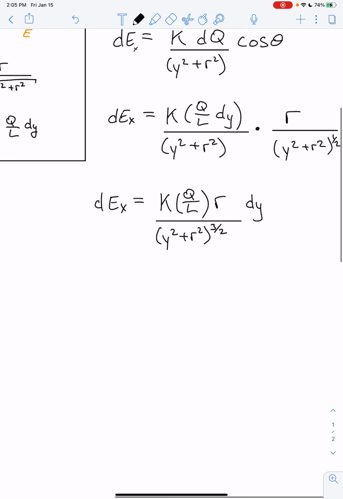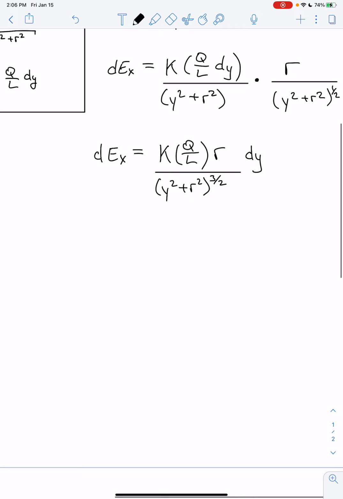Okay, so that means on the left side, we're going to integrate and get the electric field in x, and then we can pull out k q over L, because those are just a number. They don't vary.